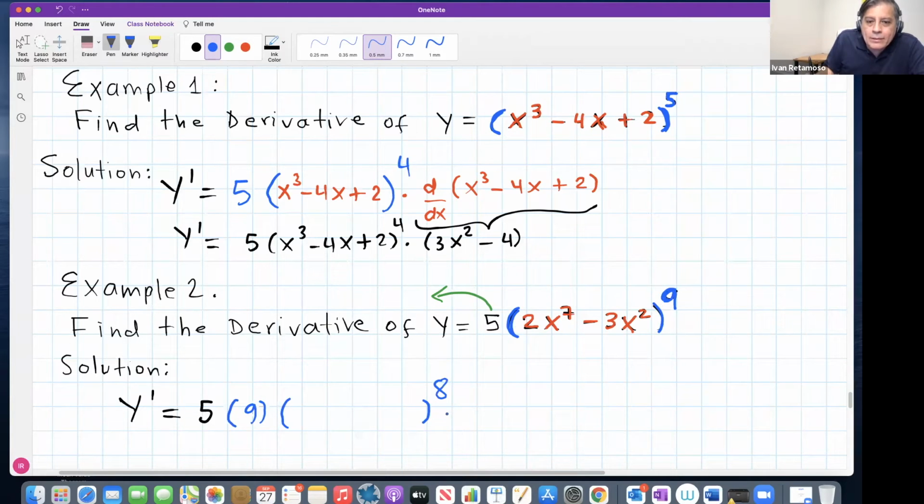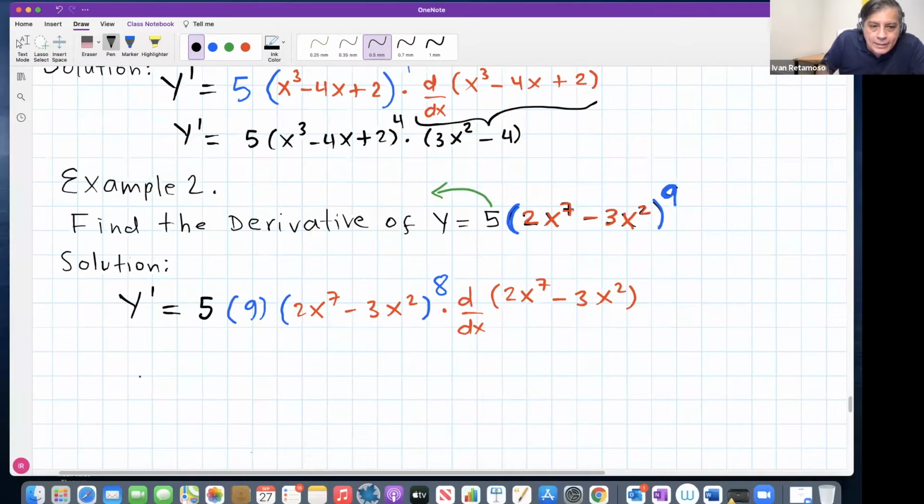The inside function stays right here: 2x to the 7 minus 3x squared. And then you have to multiply this by the derivative of the inside function, 2x to the 7 minus 3x squared. Okay. Now, this is going to be just 45, when you multiply, times 2x to the 7 minus 3x squared raised to 8.